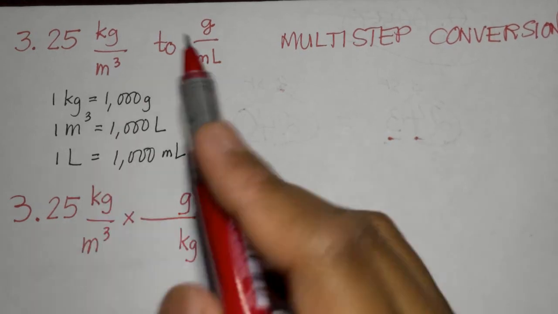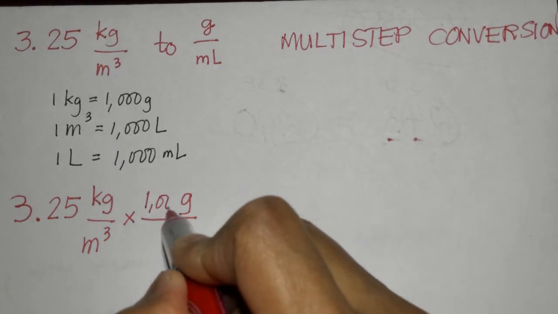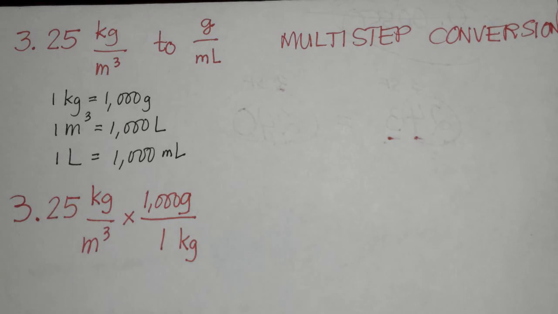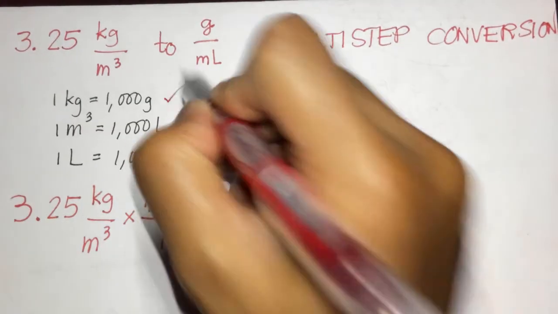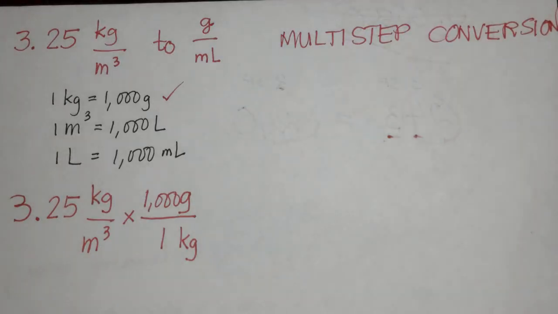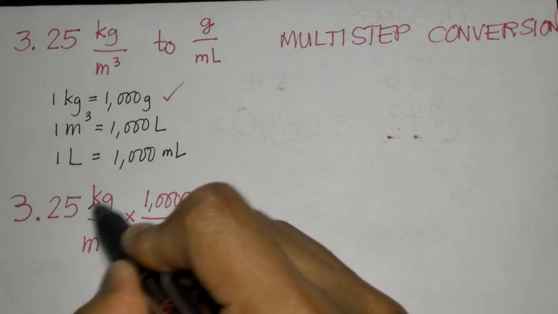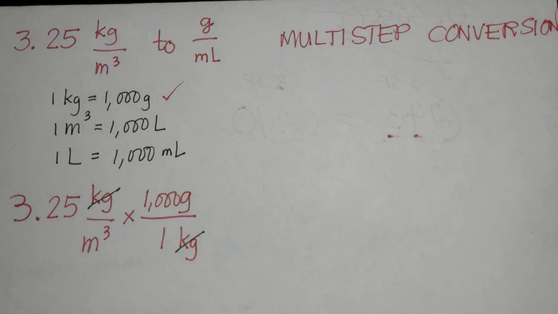For the g, it's 1,000. And the kg is 1. So I copy that. And so my first conversion factor has already been used. But I'm not calculating it. I'm just putting them in my solution. Then I can cancel my kg. So my kg is solved.